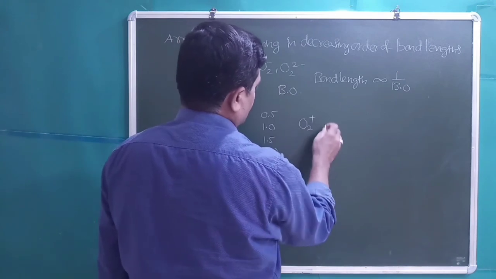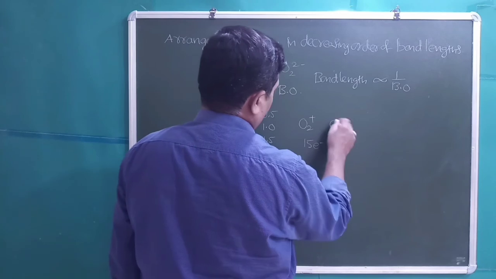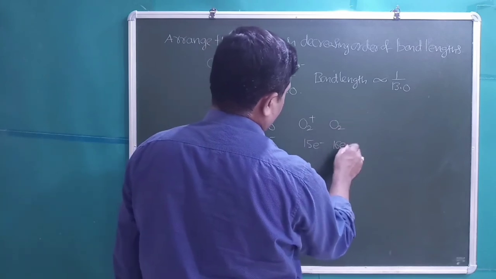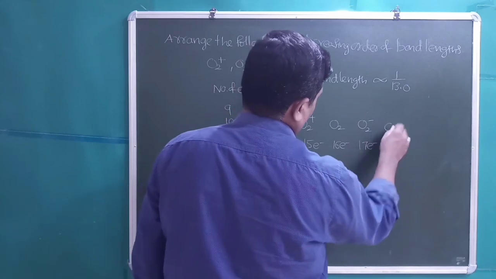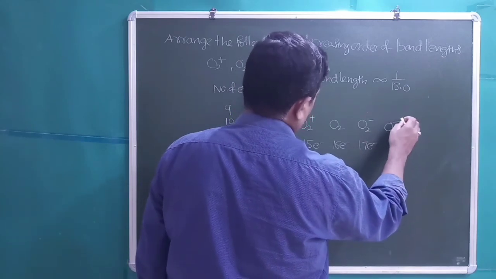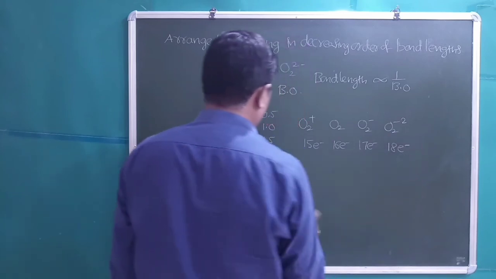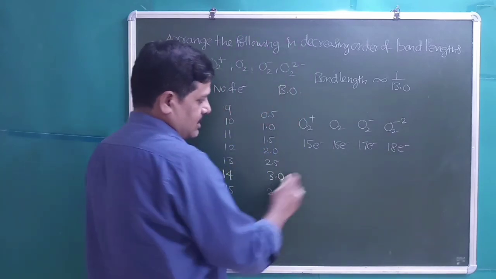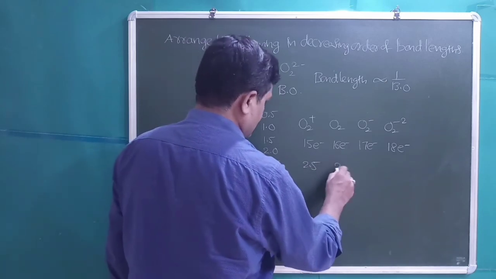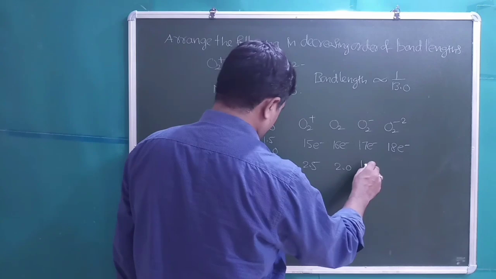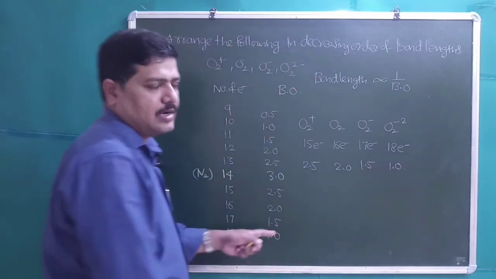O2 plus has 15 electrons. O2 has 16 electrons. O2 minus has 17 electrons. O2 2 minus has 18 electrons. 15 electrons, bond order is 2.5. 16 electrons, bond order is 2. 17 electrons, 1.5. 18 electrons, 1.0 is the bond order.